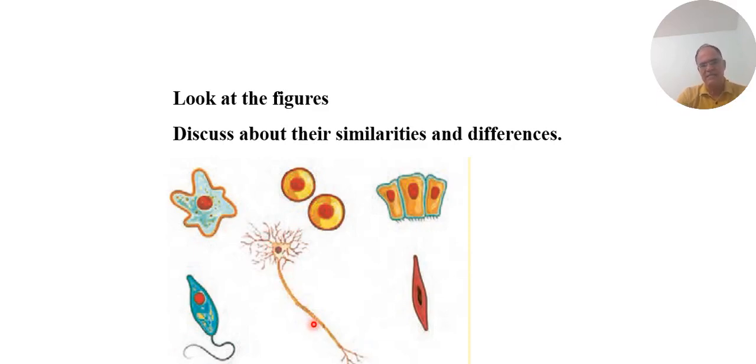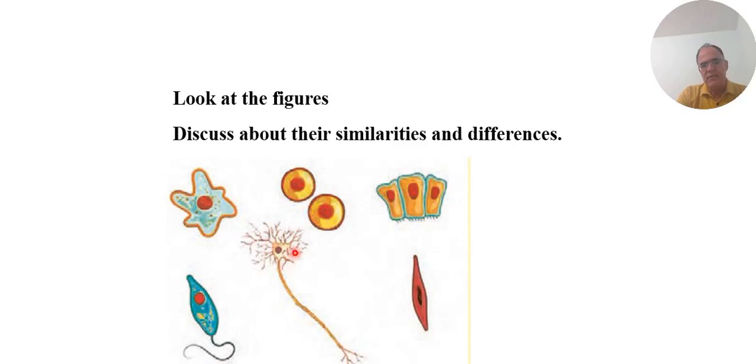For example, nerve cells are found in the nervous system. The similarities we can see between these cells are that all of them have a cell membrane, a nucleus, and cytoplasm, and the difference between cells is in shape and function.